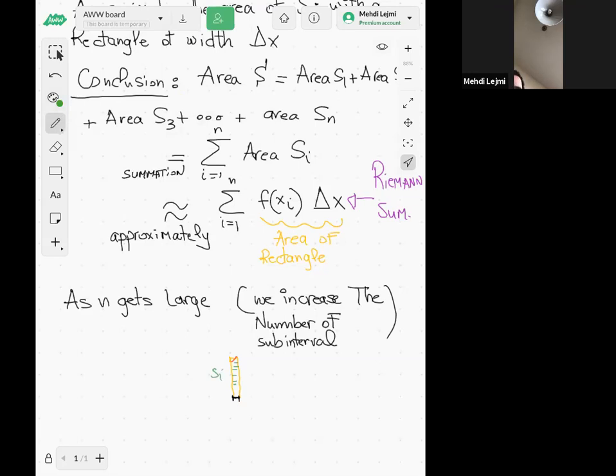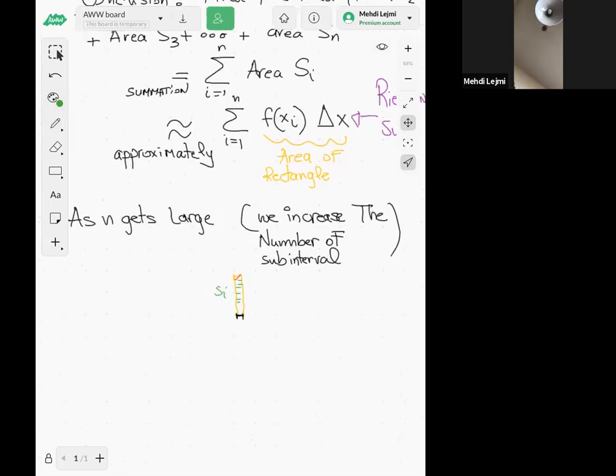So you're going to have a better approximation, and actually the area of S is going to be the limit as n goes to infinity of this Riemann sum, the sum for i going from 1 to n of f of xi delta x.